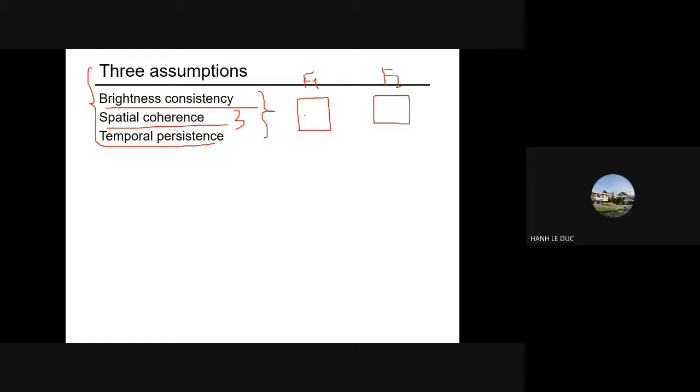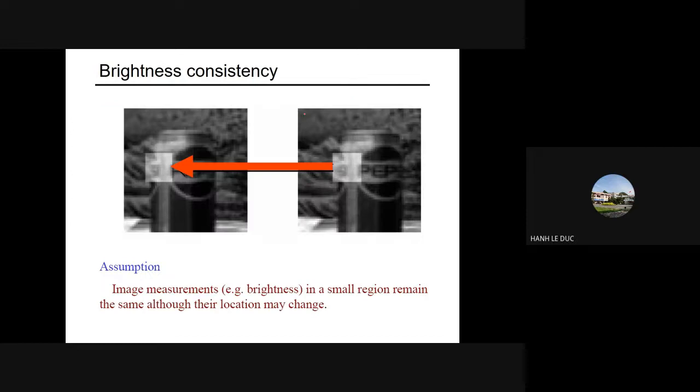If it changes too much, we cannot do the algorithm. Brightness consistency assumes that between frame one and frame two, the intensity here does not change too much.